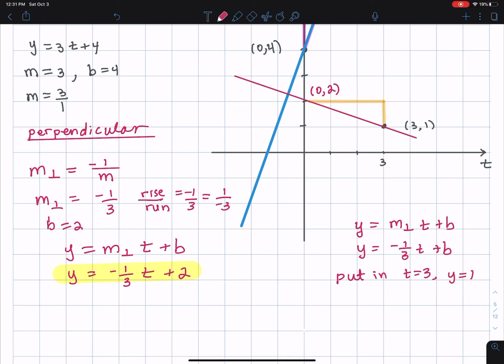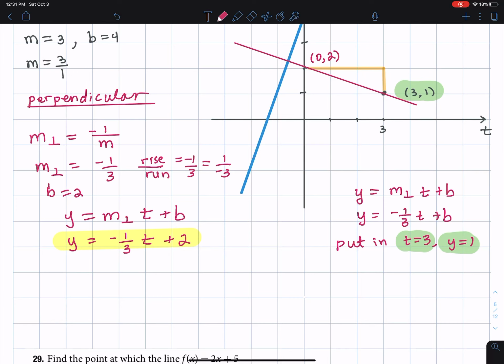Where did that come from? I have this point (3, 1), so here's 3 and 1. I put those in and get 1 equals negative 1/3 times 3 plus b. So 1 equals negative 1 plus b, and therefore b equals 2.